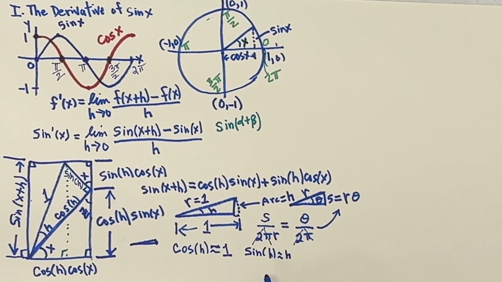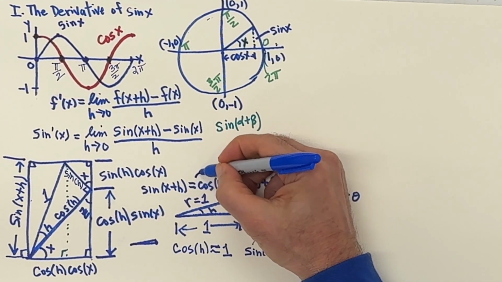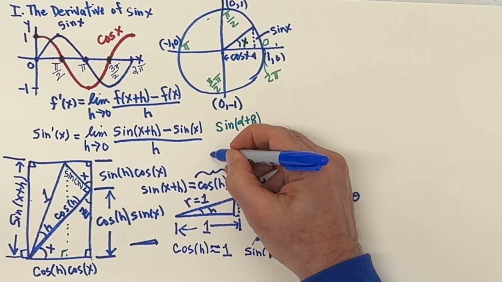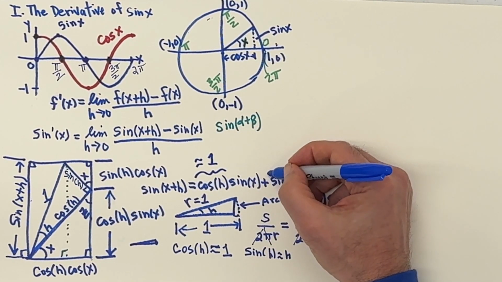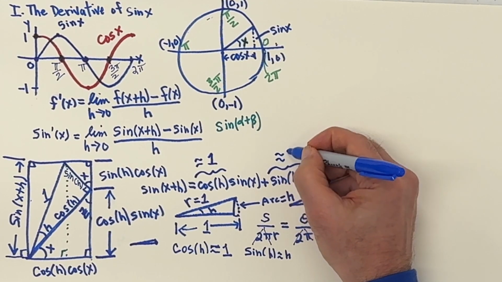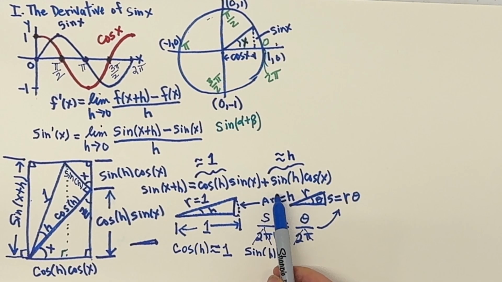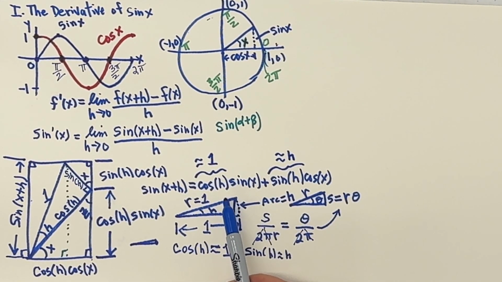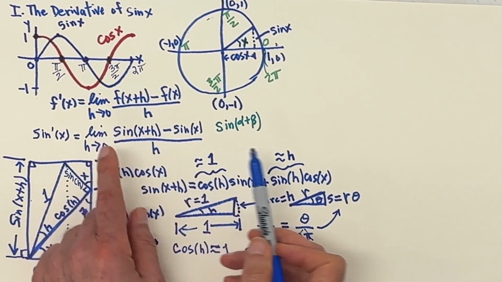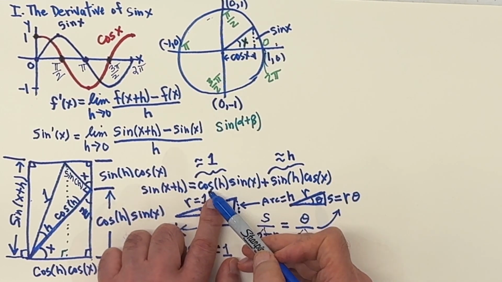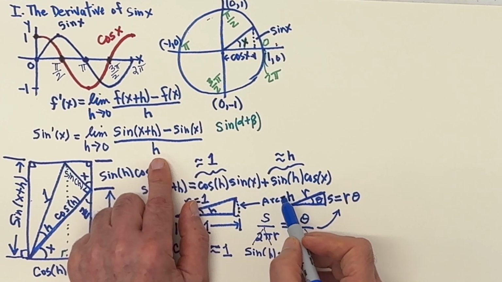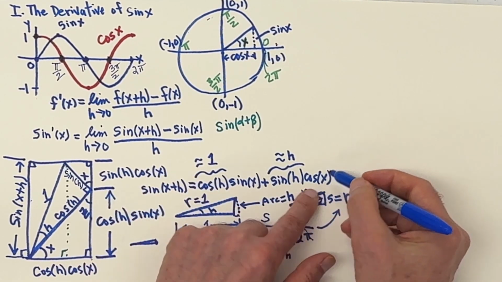So now that we have this, we can see that in this equation, when things are small, this cosine is going to be approaching 1, and this sine of h is going to be approaching h. Now look what happens. If this is the case, when you put this up in here and subtract the sine, this term is going to go away, and then you're going to be able to divide by the h, and you're going to wind up with this cosine.